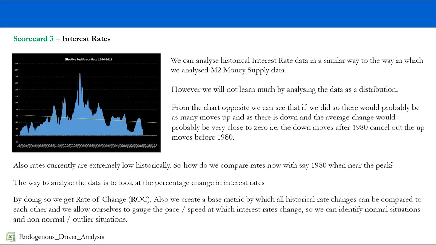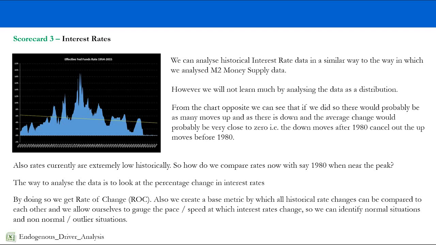So the way to analyze the data is actually to look at the percentage change in interest rates. By doing this, we get a rate of change, and we also create a base metric by which all historical rate changes can be compared to each other.